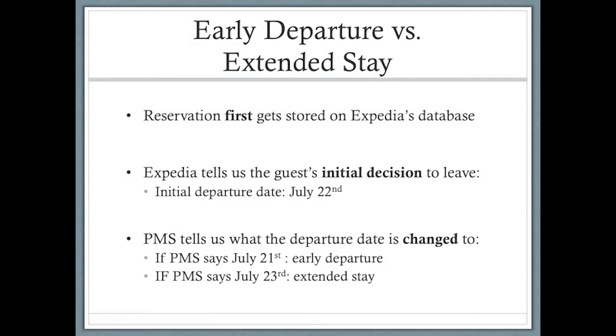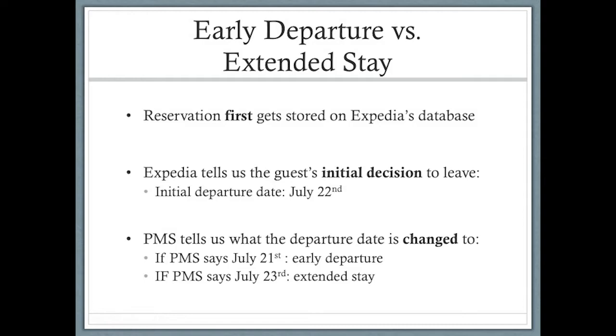Now, what if on the PMS it actually said that the departure date was on the 23rd, July 23rd? Since this is now a day after Expedia's July 22nd, remember, July 22nd is the initial departure date. The guest's initial decision was to leave on July 22nd.